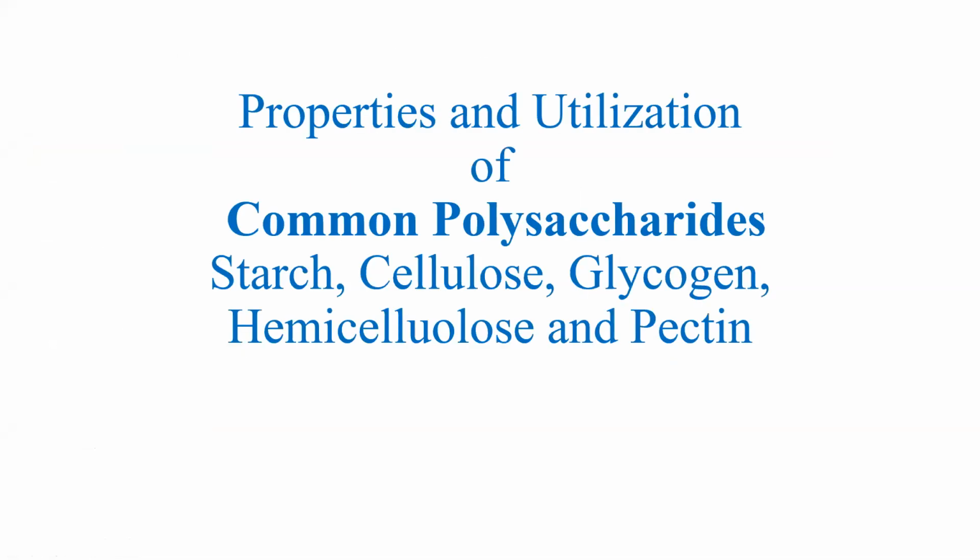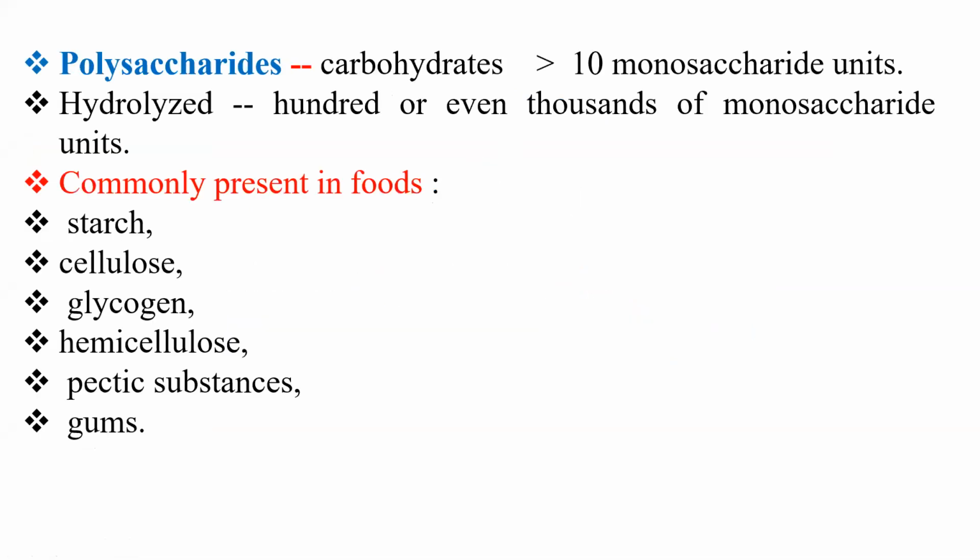So now we are going to discuss the properties and utilization of common polysaccharides, including starch, cellulose, glycogen, hemicellulose, and pectin. Polysaccharides are carbohydrates containing more than 10 monosaccharide units.